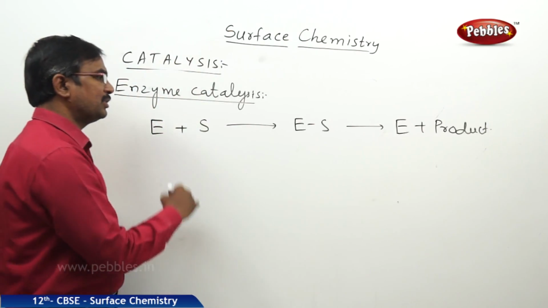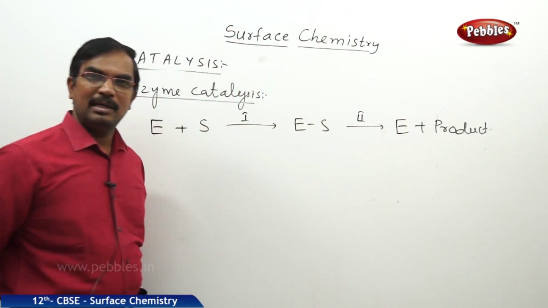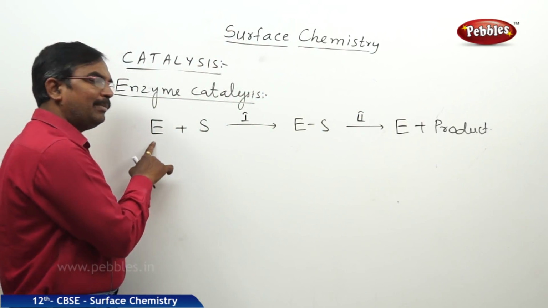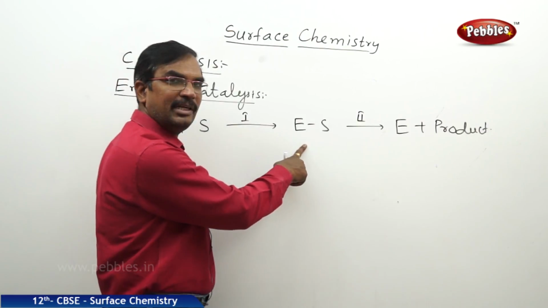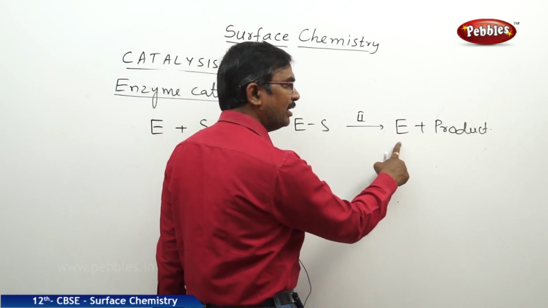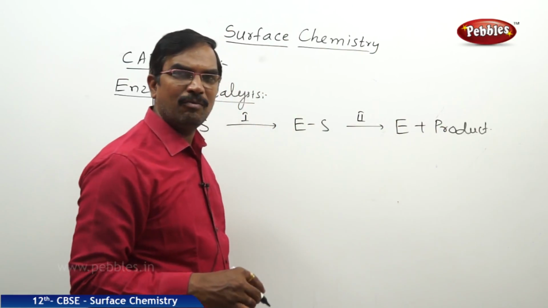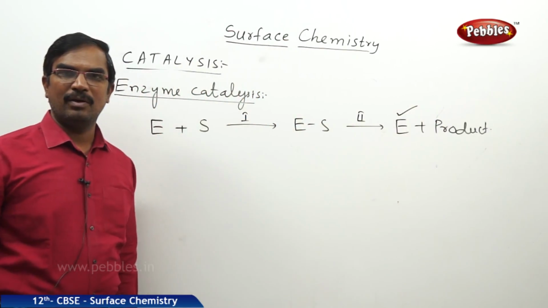So it involves two steps here. This is step 1, this is step 2. In the first step, the enzyme with the reactant, which is the substrate here, will form one intermediate. This intermediate finally changes into the enzyme, and the product or products will be formed. So here the enzyme is acting as a catalyst.